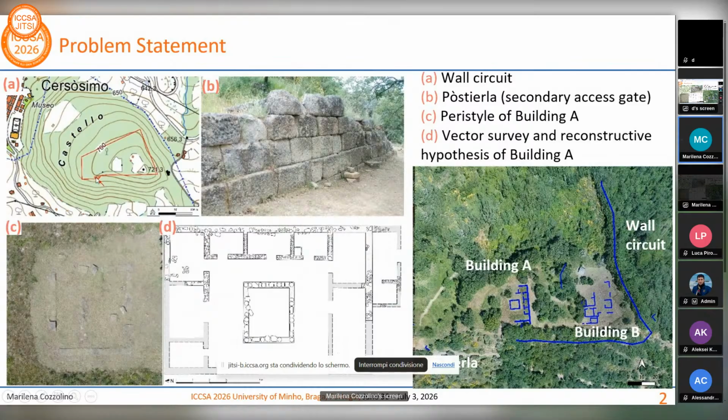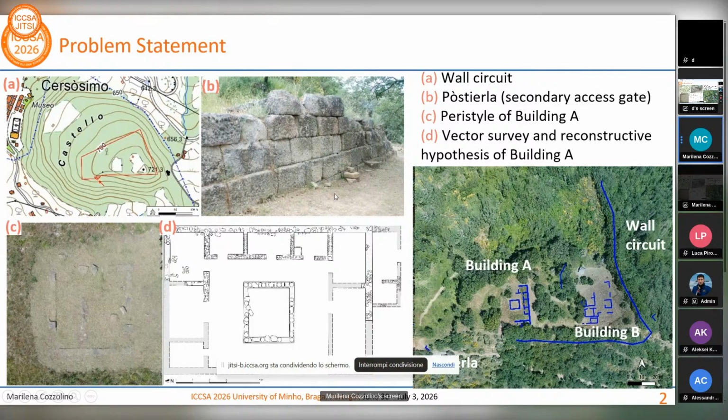At this point a secondary gate named Postirla was discovered, and it is the best preserved monument of the site.